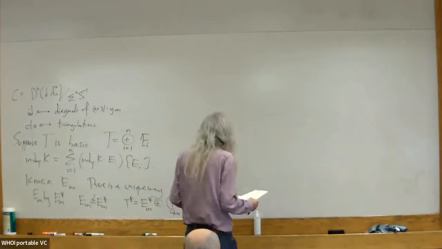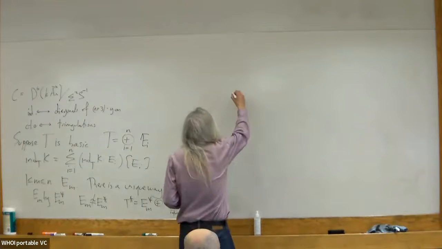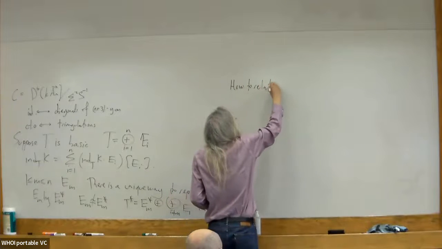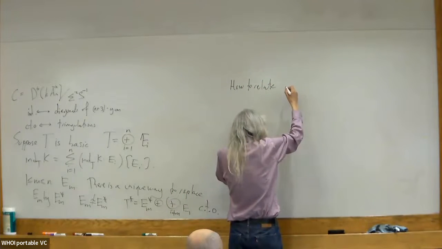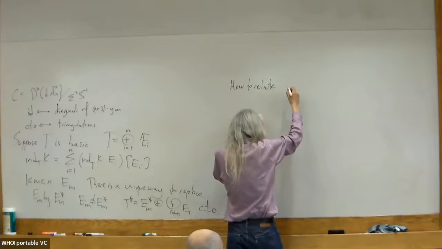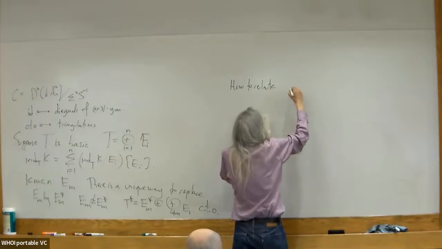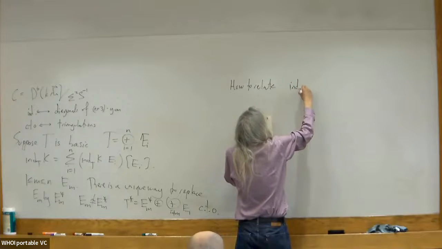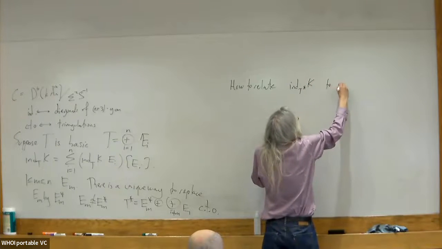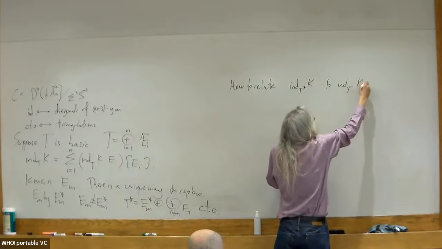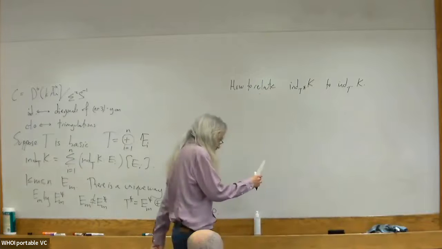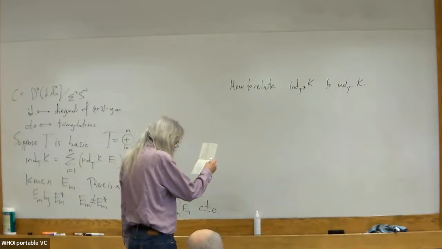And so, given that, it's natural to ask what happens with the index with respect to T star of K, versus if we started with the index of K with respect to T. How do we find the index with respect to T star?